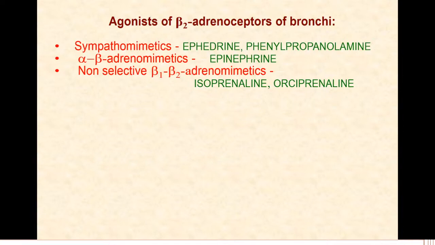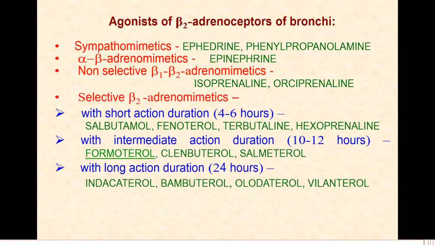And after that appeared the group of selective beta-2 adrenomimetics. And nowadays, this group is the most specific, the best to treat bronchial asthma.